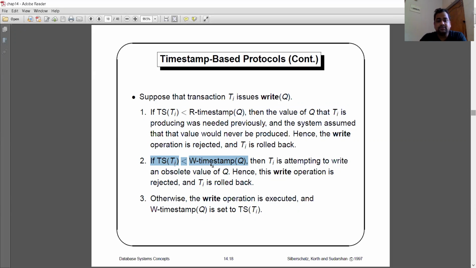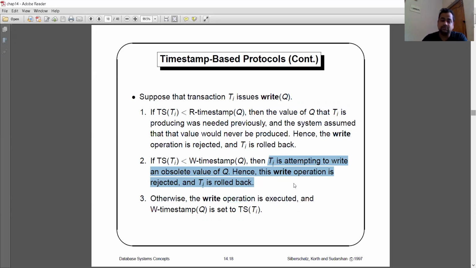Ti is executed first, before the write timestamp. Hence, Ti is attempting to write an obsolete value of Q. Hence, the write operation is to be rejected and Ti is to be rolled back. So here we have to abort: we reject the write operation and Ti goes for rollback again.